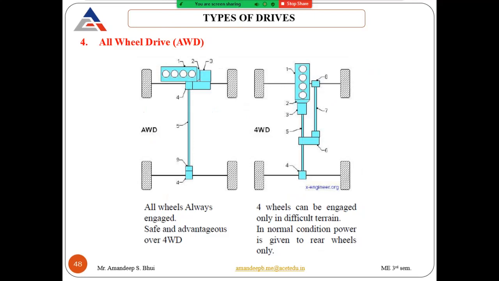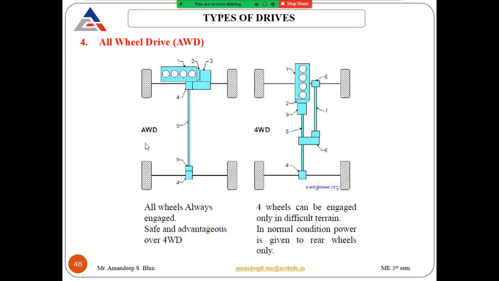Now there is a difference between all-wheel drive and four-wheel drive. AWD is all-wheel drive and 4WD is four-wheel drive. Now in AWD, the power all the time is transmitted to all four wheels.